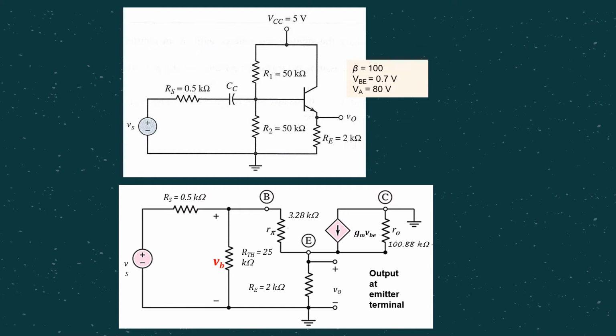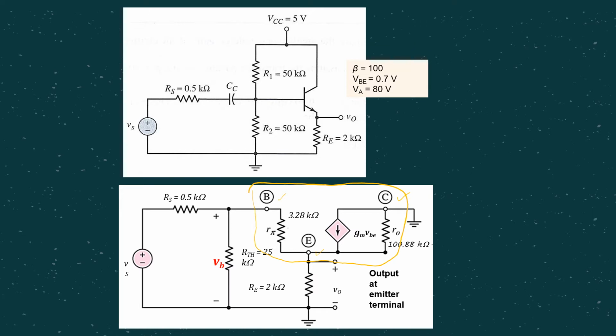Similar to the common emitter amplifier before, we start with the BJT model, where between the base and emitter terminals we have rπ, and between collector and emitter terminals we have the current source gm vbe, and in parallel to it we have ro. Then after we are done with the BJT model, we can proceed with the remaining components.